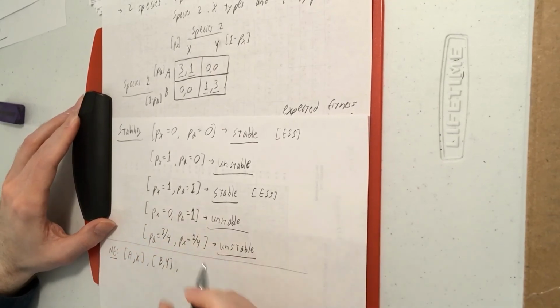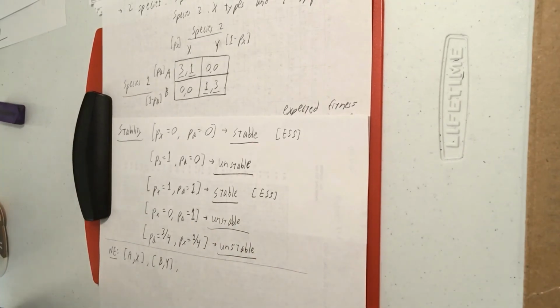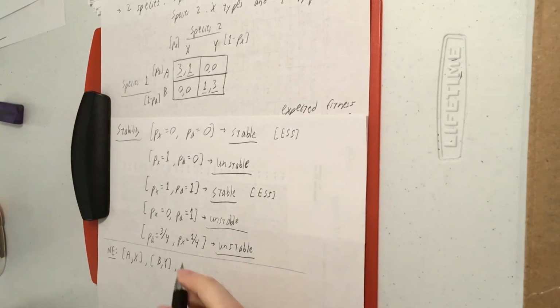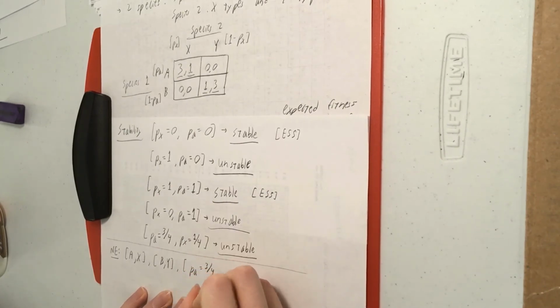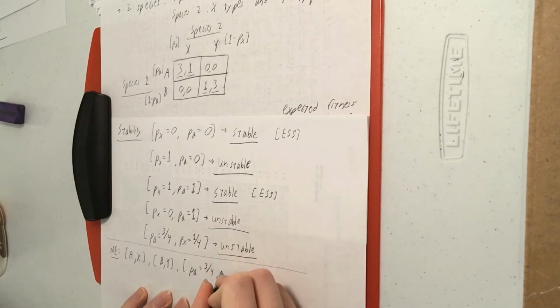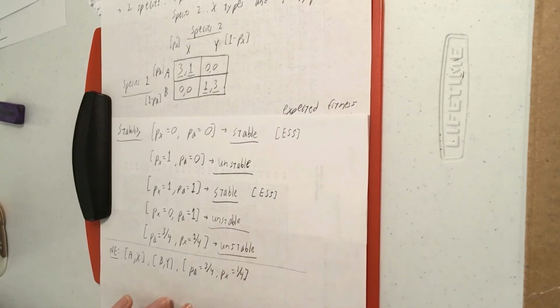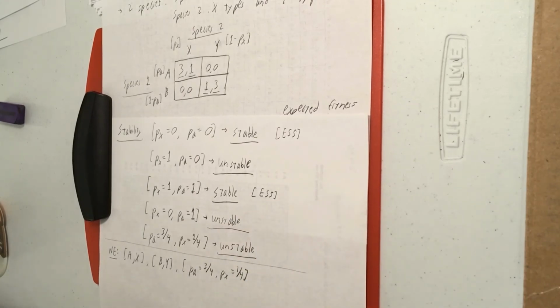And there's also going to be a mixed strategy Nash equilibrium, where you play A 3/4 of the time and X gets played 1/4 of the time. So the polymorphism is analogous to the mixed strategy Nash equilibria.